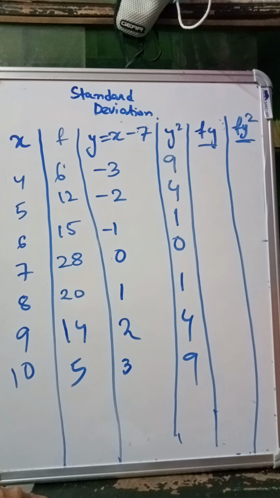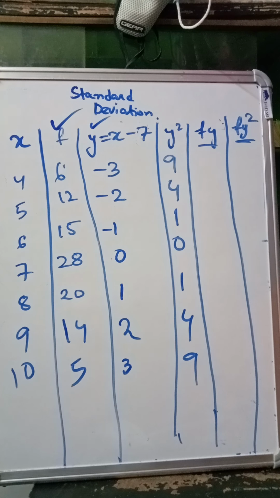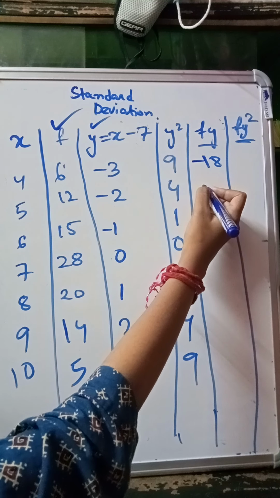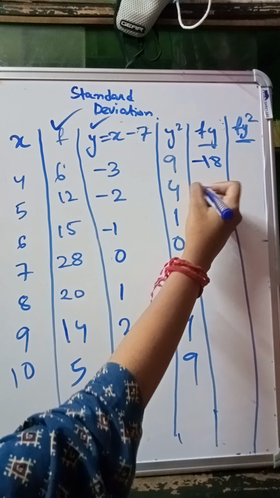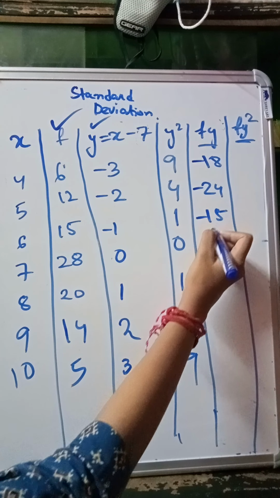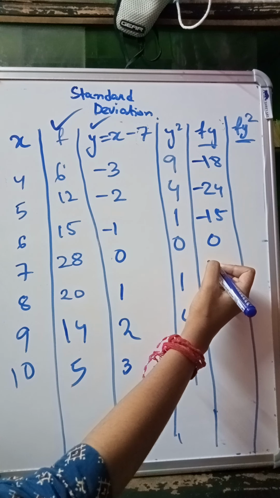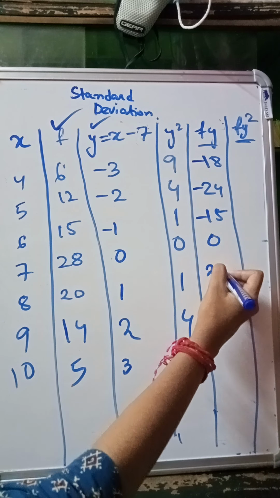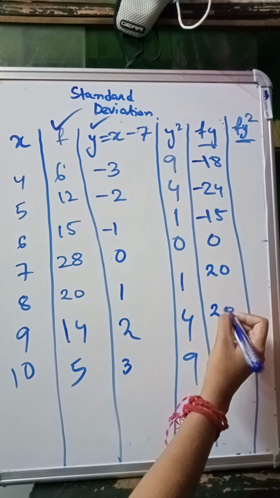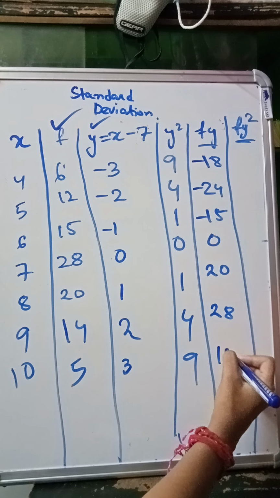So now fy will be how much? This is f and this is y. If we multiply the numbers, we will get minus 18, then 12 into minus 2, it is minus 24, then 15 into minus 1 is minus 15, 28 into 0 is 0, then 20 into plus 1, that is 20, then 14 into 2 is 28, then 5 into 3 is 15, right?